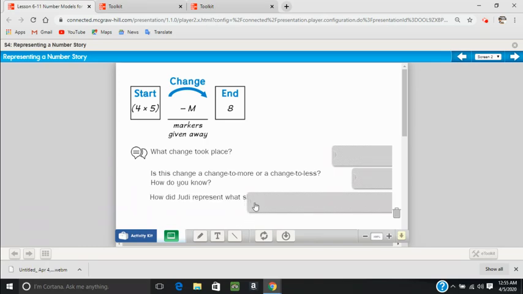And finally here we have, how did Julie represent what she needs to find out? Well, here we see that she put an M. M for markers. Because she gave away markers, they put the M to represent that change.